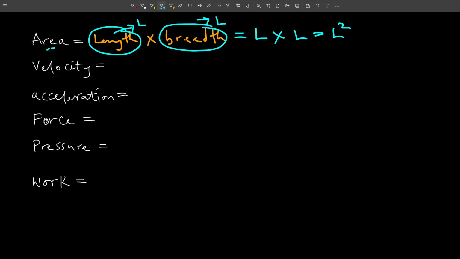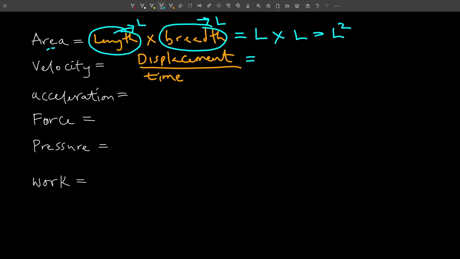Let's take a look at velocity. By definition, velocity is displacement over time. So what will be the dimension for velocity? Displacement talks about distance in a particular direction, which also talks about length if you think about it.